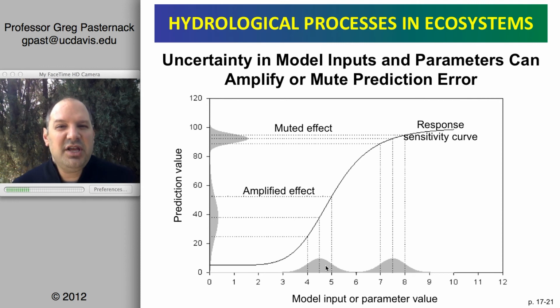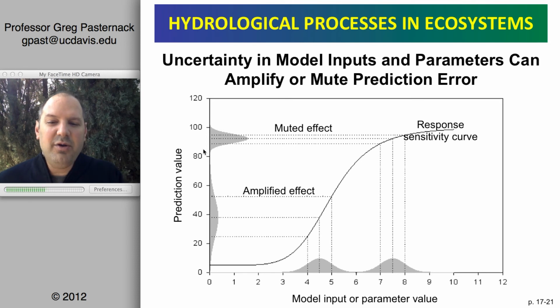Well, one of the interesting questions is, what is the effect of that on the output value? So the x would be some kind of input value or parameter, and y would be the output. The model might take a number, let's say you had 4.5 inches of rain, and as a result of that, you had 38 CFS of outflow.